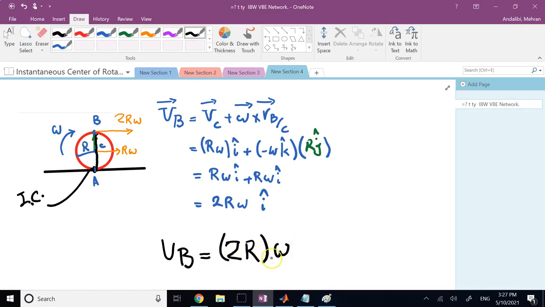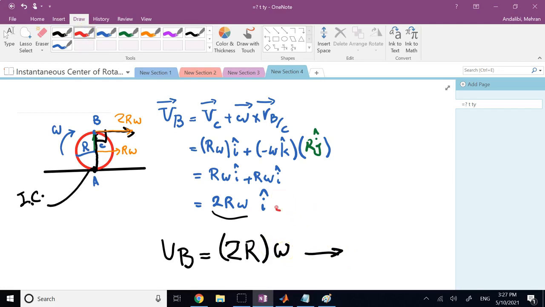Done. Look, I got the same magnitude. Which direction? The direction of it is perpendicular to this R, and the direction of it is determined by omega, so definitely the direction is going to be to the right side. So if I want to write it as a vector, it is going to be I, but it is to the right side, and magnitude 2R omega.